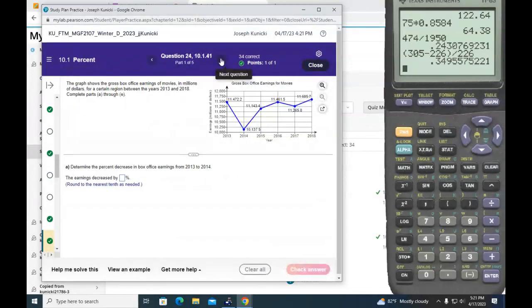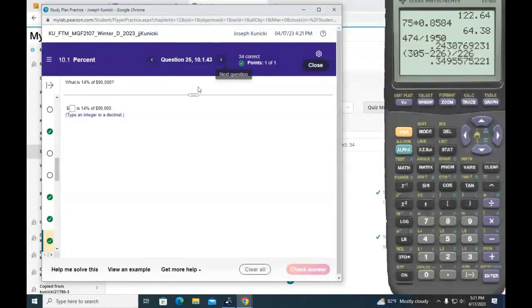So there'll be a couple of these. Okay, now they're going to give us sentences, and we have to form the algebraic equation. If we get lost, we should form an equation, but sometimes it's straight up. What is 14% of 90,000?